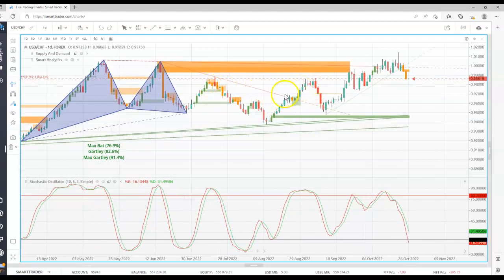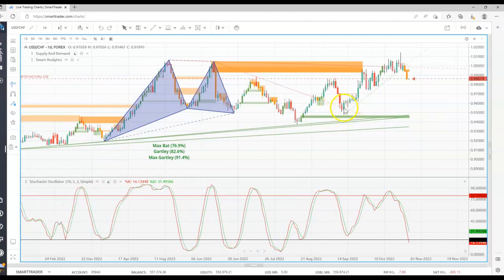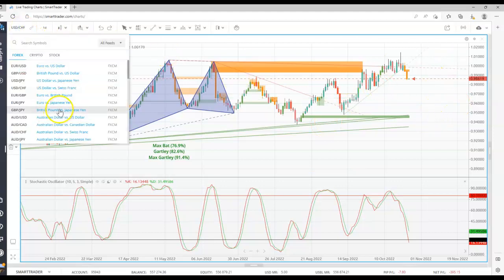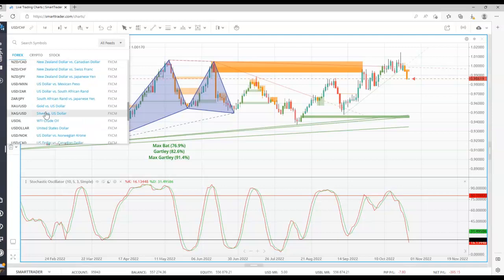Notice that price broke a trend line on USD Swiss, came back and tested the backside. That's your entry. And from September 14th till now, USD Swiss was in an uptrend. Okay, we wouldn't know that unless we're looking at the US dollar index.